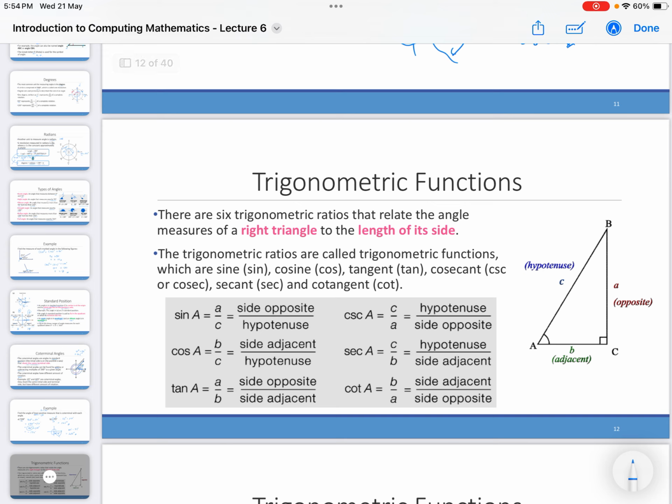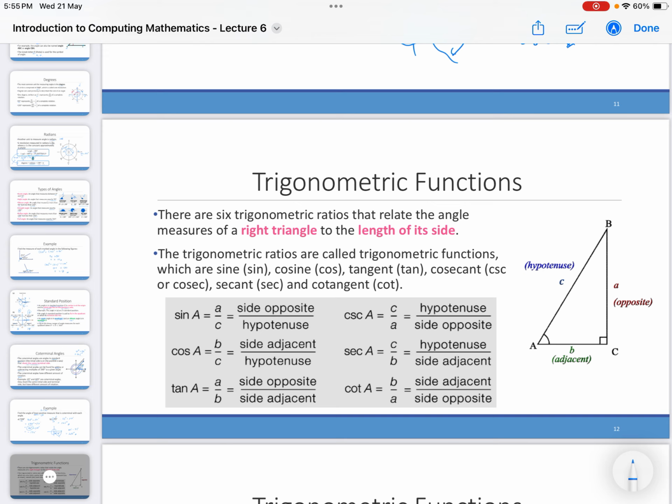Okay, next we will look at trigonometric functions. There are 6 trigonometric ratios that relate angle measures of a right triangle to the lengths of its sides.